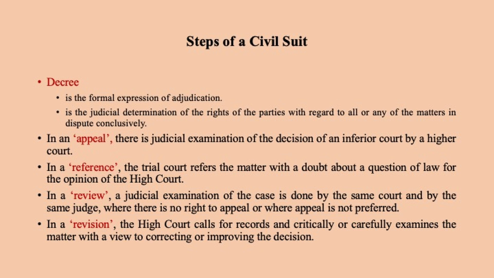In a review, judicial examination of the case by the same court and by the same judge takes place. This is available only when there is no right to appeal or where the appeal is not preferred. In revision, the High Court calls for record and critically or carefully examines the matter with an intent to correct or improve the decision.